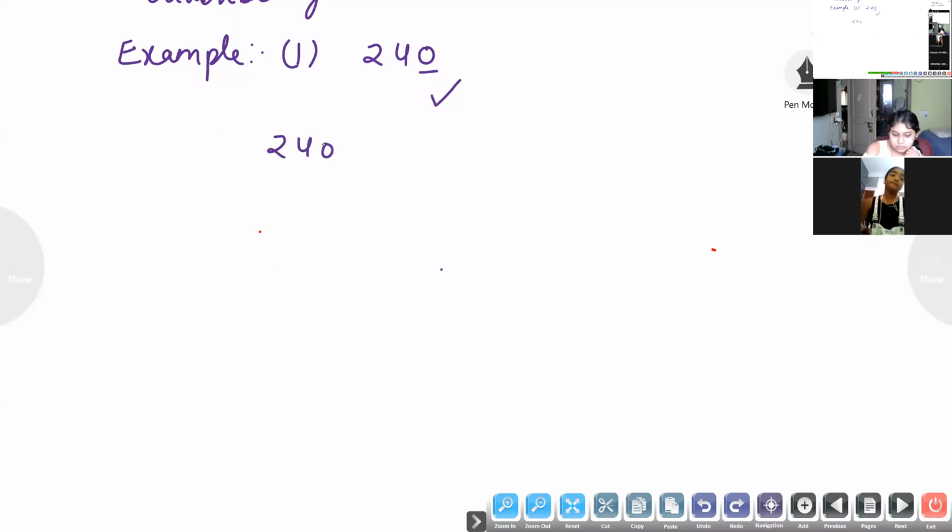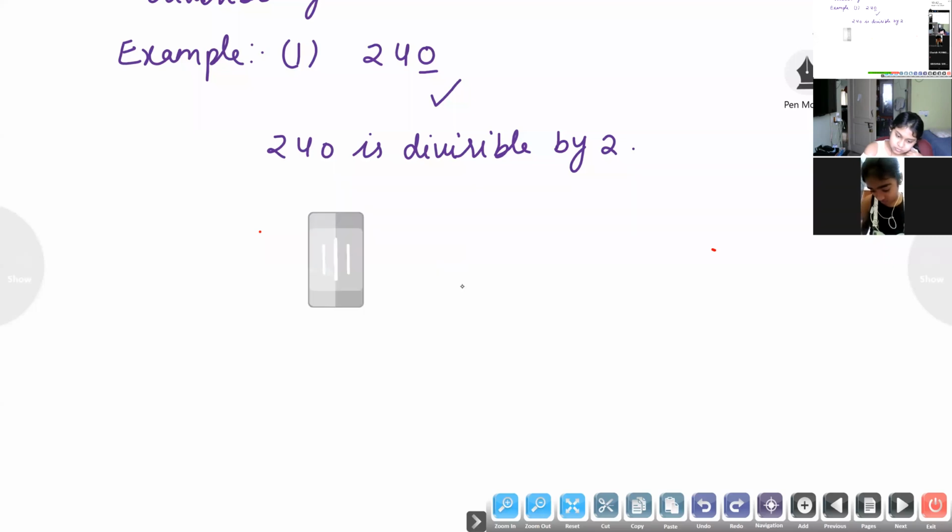240 is divisible by 2. Next, first condition, okay. Second condition, 2 plus 4 plus 0, 2 plus 4, 6 plus 0 is equal to 6.